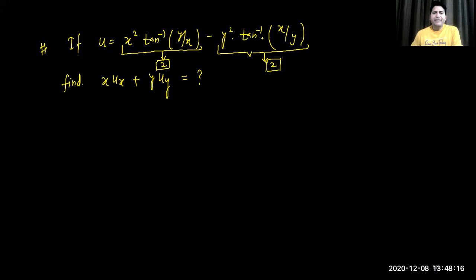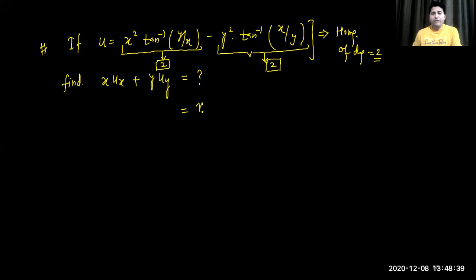The function has two terms and both of them are of degree 2. It means the given function is a homogeneous function of degree 2. So we should not apply the deduction formula over here.